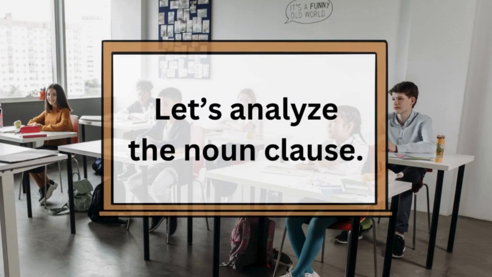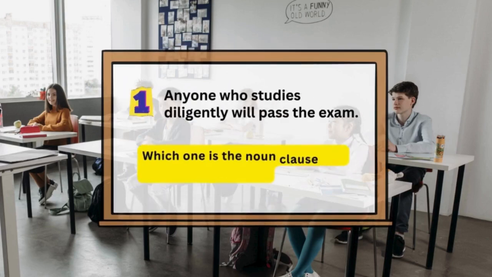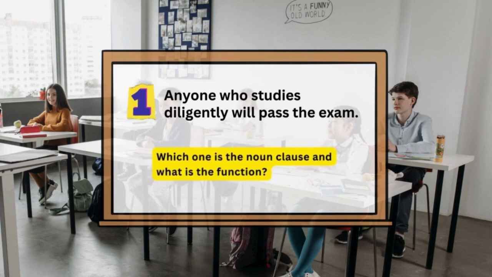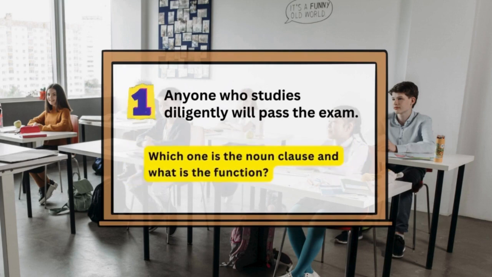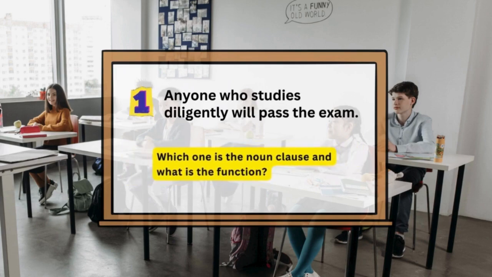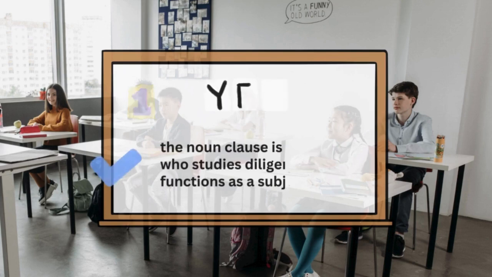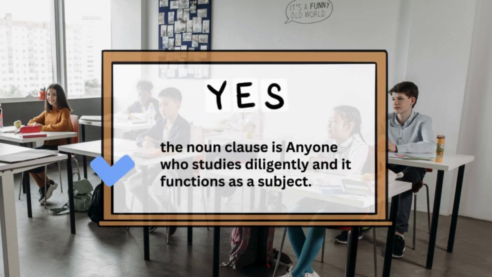Let's analyze the noun clause. Number 1. Anyone who studies diligently will pass the exam. Which one is the noun clause and what is the function? Yes, the noun clause is anyone who studies diligently and it functions as a subject.